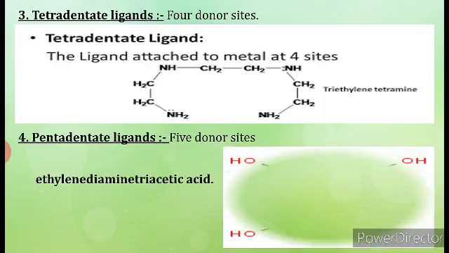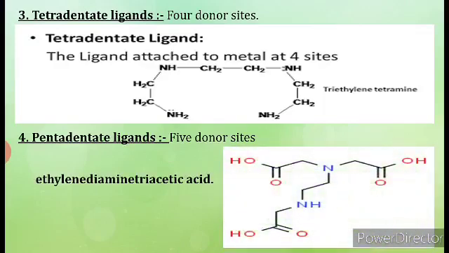It is the example of pentadentate ligand. You can see 2 nitrogen atoms are there and 3 hydroxyl groups, meaning carboxylic acid groups are there. C double bond O, single bond OH.